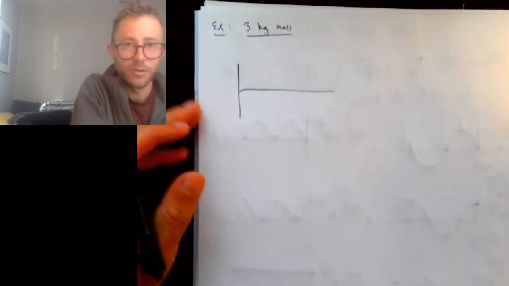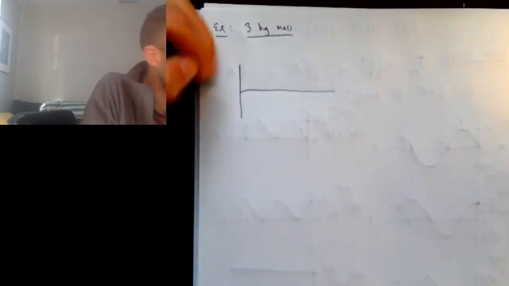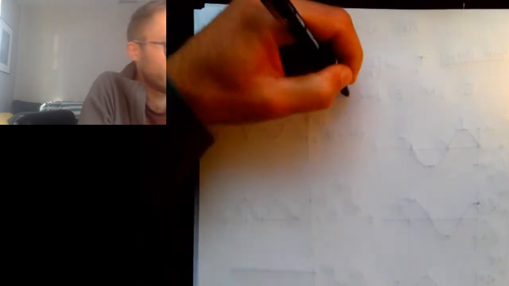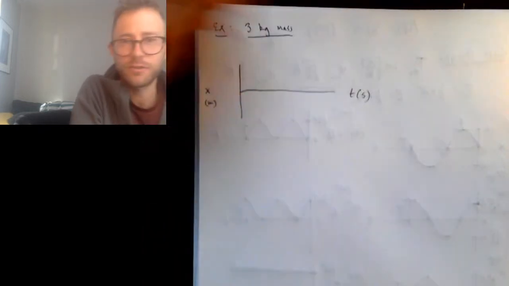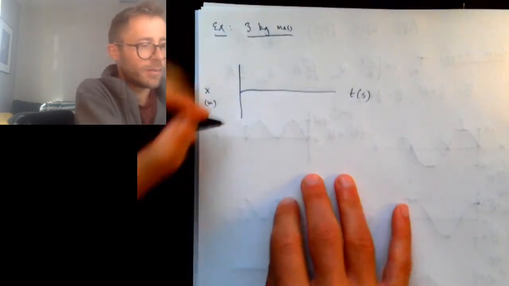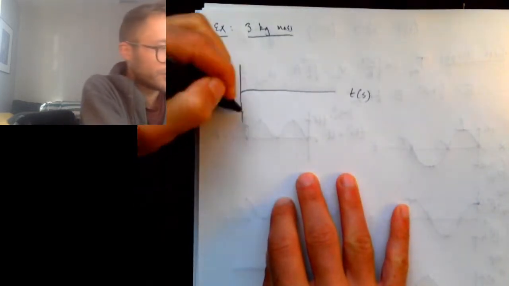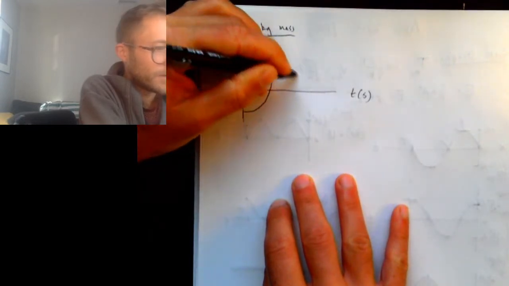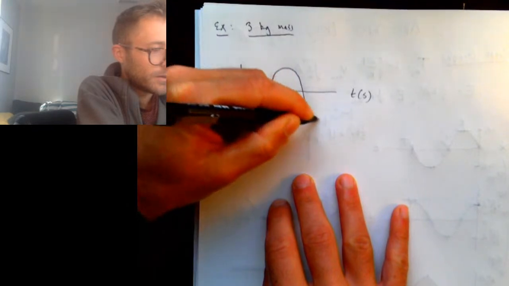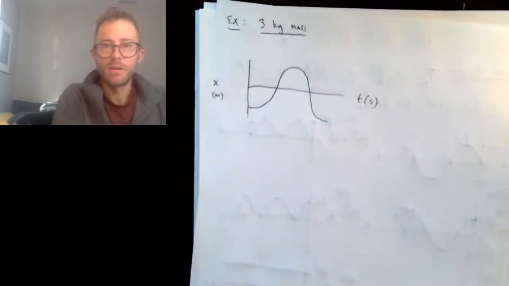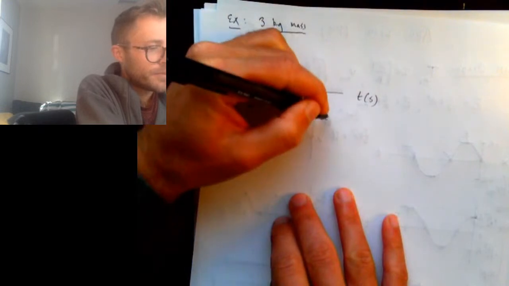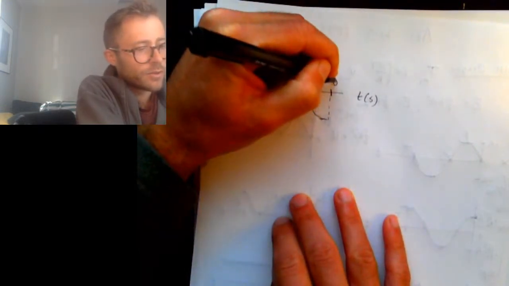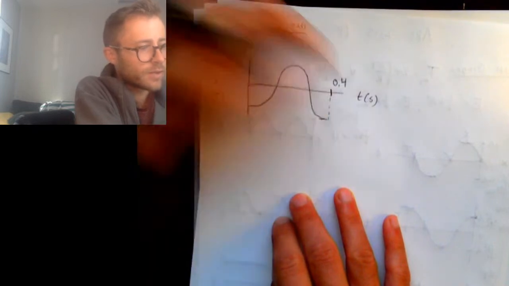So now I'm going to put units in. All right? So I have position in meters, and I have time in seconds. And I'm going to draw my position-time graph. Okay? And so we'll say that this is 0.4 seconds.